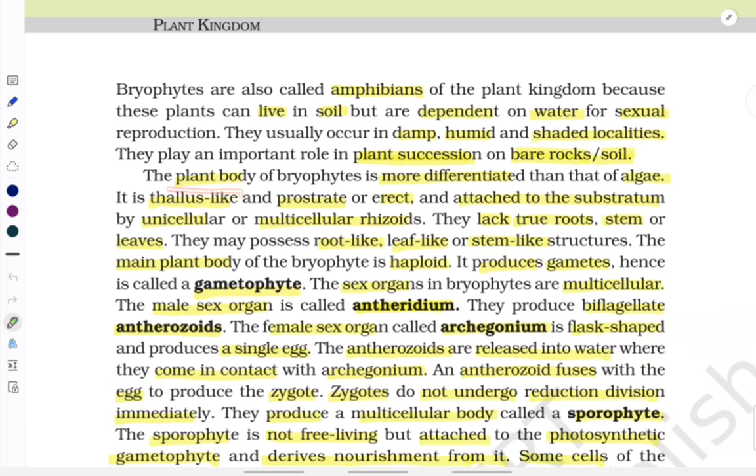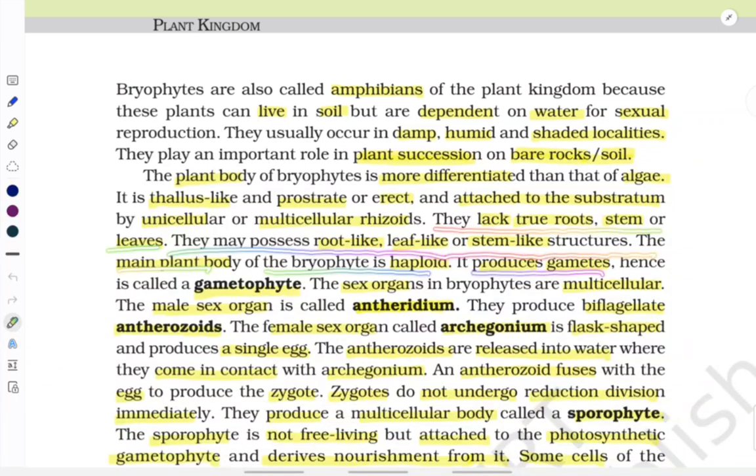The plant body of bryophyte is more differentiated than that of algae. It is thallus-like and prostrate or erect and is attached to the substratum by unicellular or multicellular rhizoids. They lack true roots, stems or leaves, though they may possess root-like, leaf-like, stem-like structures. The main plant body of bryophyte is haploid.